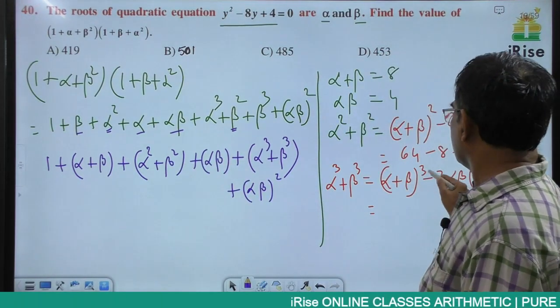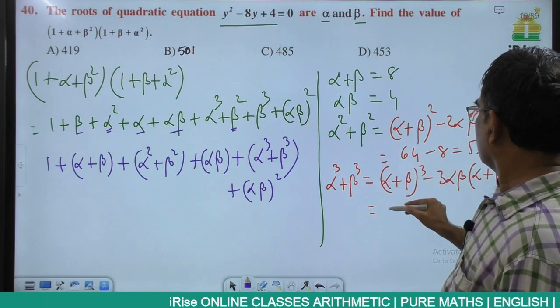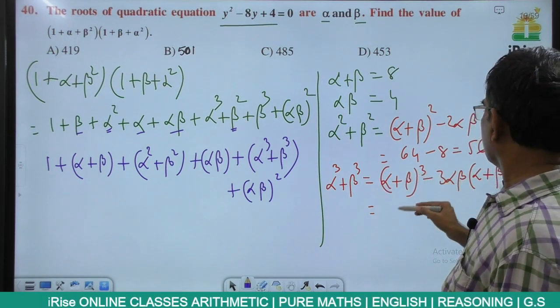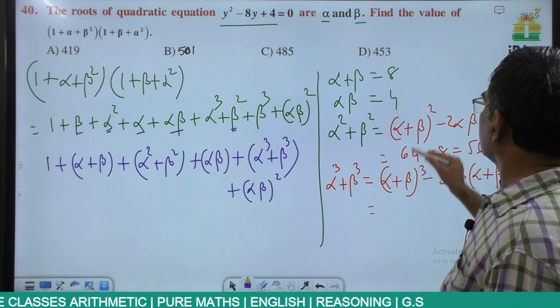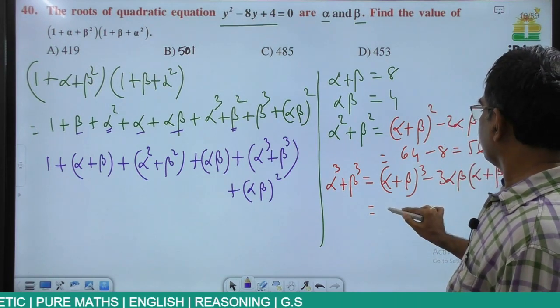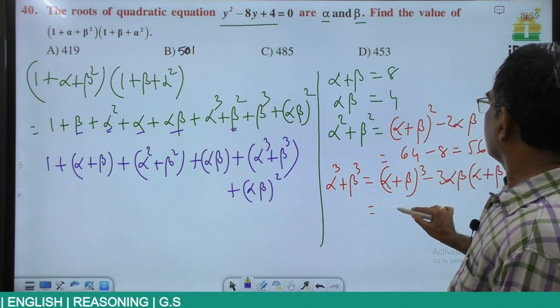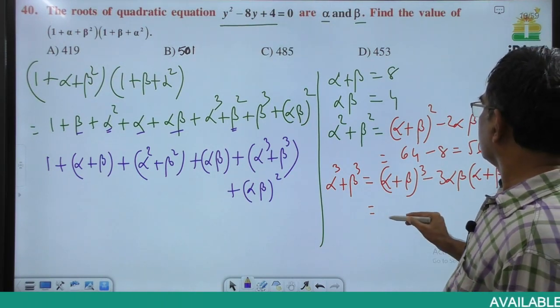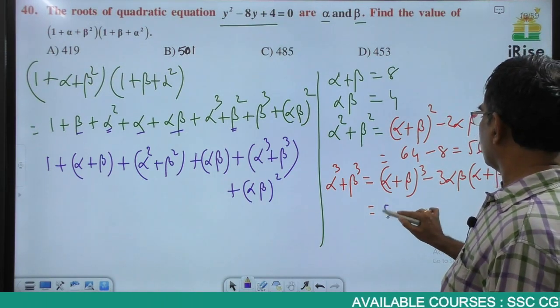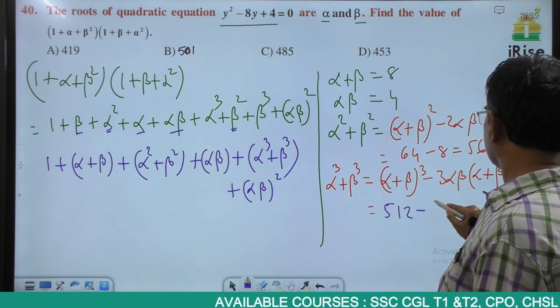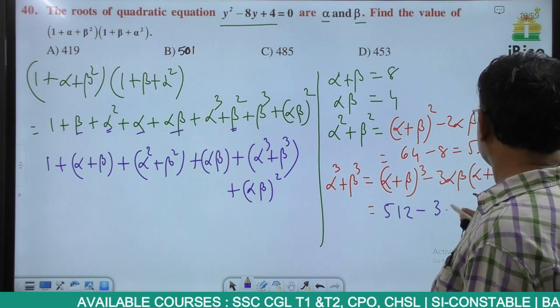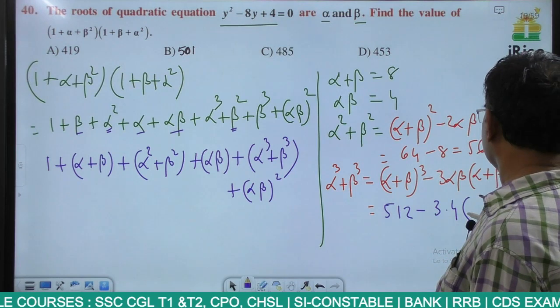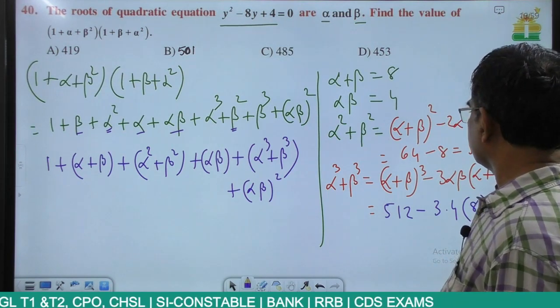Here alpha cube plus beta cube is equal to (alpha plus beta) whole cube, 8 cube. 8 cube is equal to 512 minus 3 into alpha beta is 4, alpha plus beta is 8.